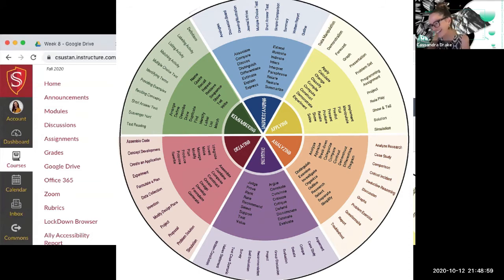But again, if I'm living over here with the objective that I wrote in my example, students will be able to design a map of their local neighborhood. And here's some of the ways that this knowledge, besides just drawing, could be assessed.